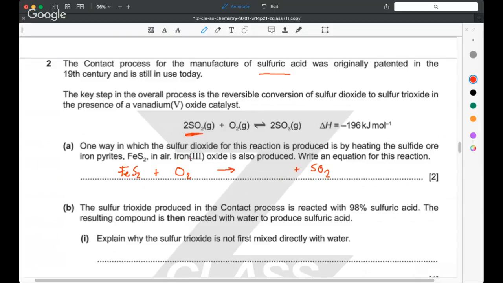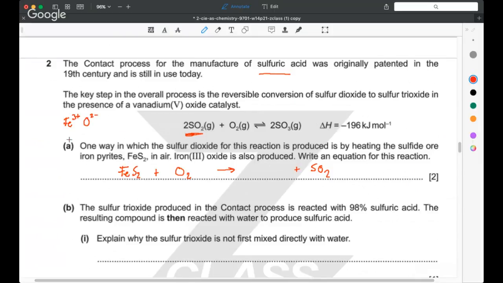And it says iron 3 oxide is produced. Well, what's iron 3 oxide? Well, that's going to be an Fe3+, isn't it? An ionic compound between the iron 3+, iron 3, and the oxide ion, which is O2-.